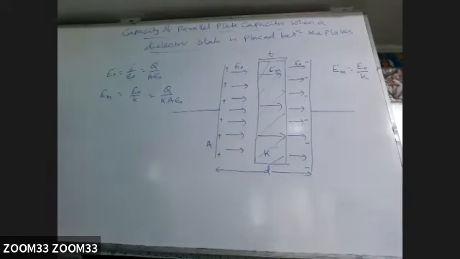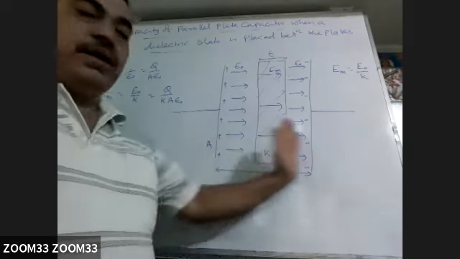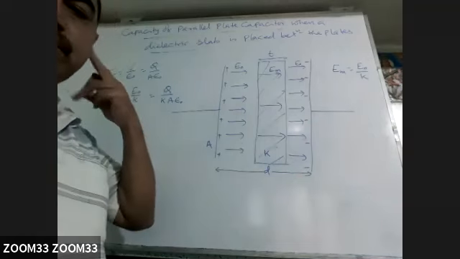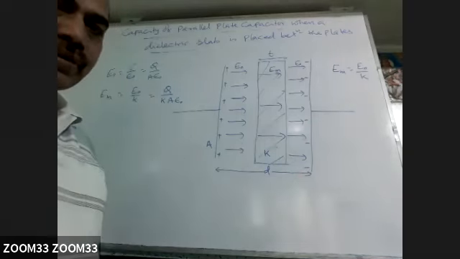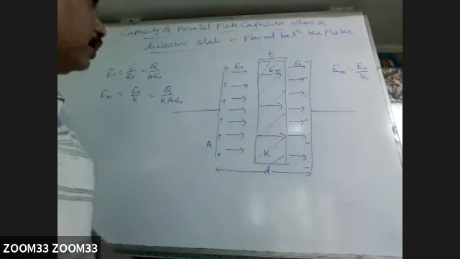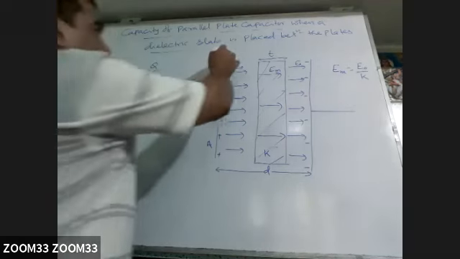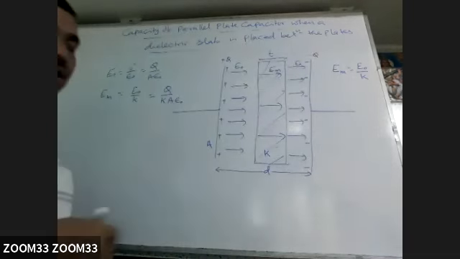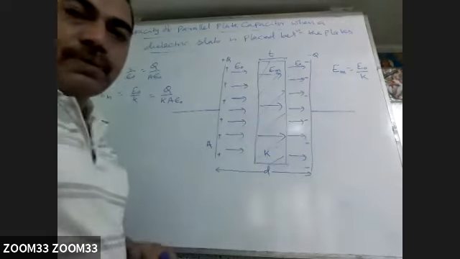If the dielectric constant, the relative permittivity, is epsilon r, we write epsilon naught epsilon r. Now, because we are interested to find the capacity, and capacity is Q by V, we assume that the charge given is plus Q here and minus Q here, and we will find the potential difference.